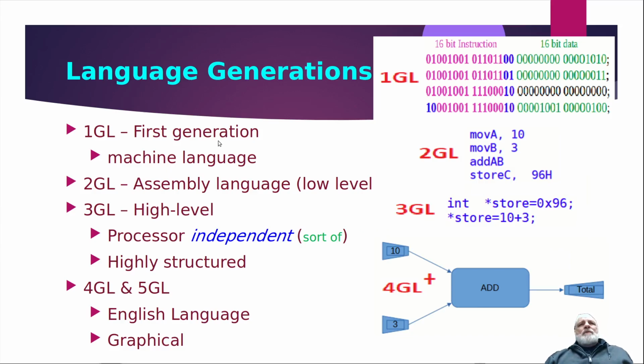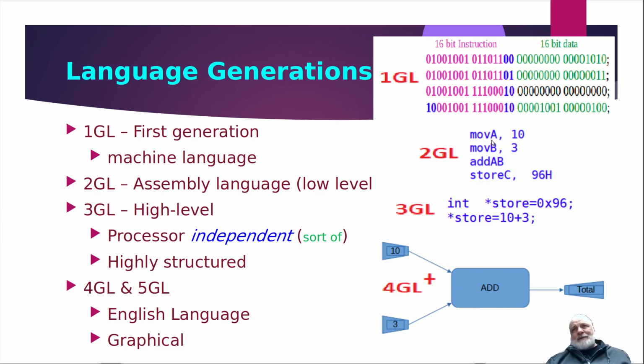All right, so in the early days of programming computers, you had to write them in machine language. So you had to use this binary representation. And then they made this huge advance. They went to the second generation where they used something called assembly language.